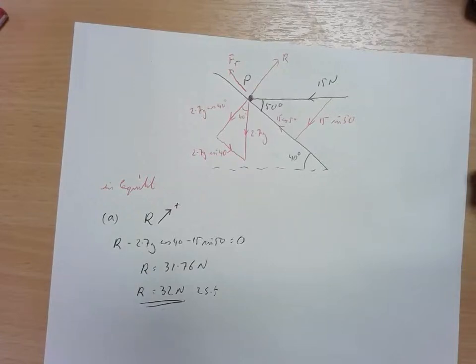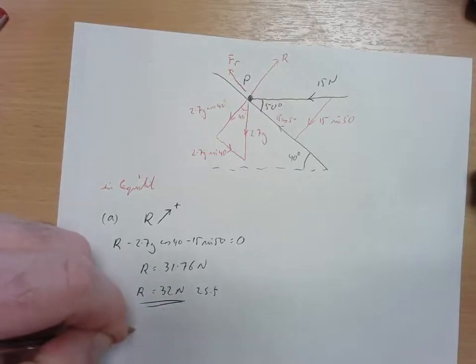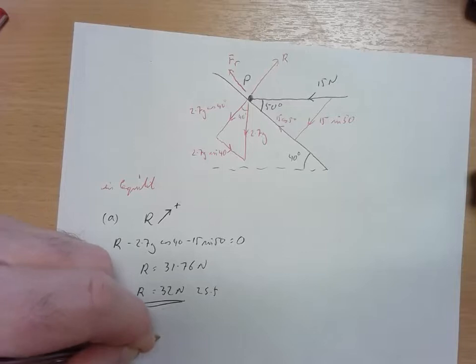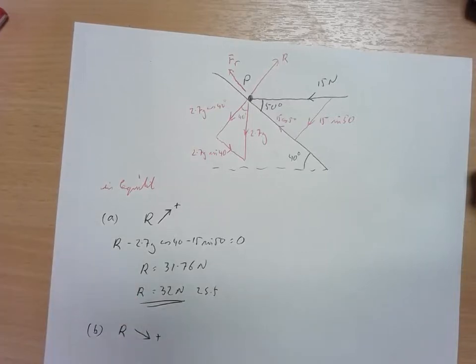Part B, it wants the coefficient of friction between P and the plane. So that's going to involve resolving parallel to the plane. I'm going to resolve downwards as positive. What have I got?